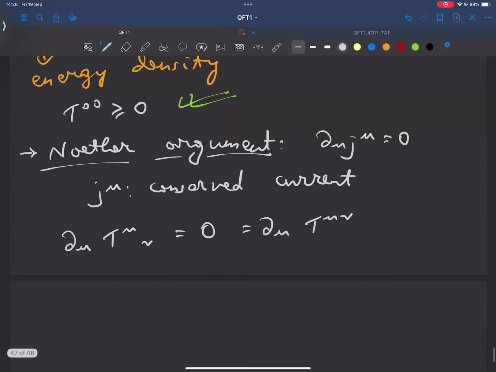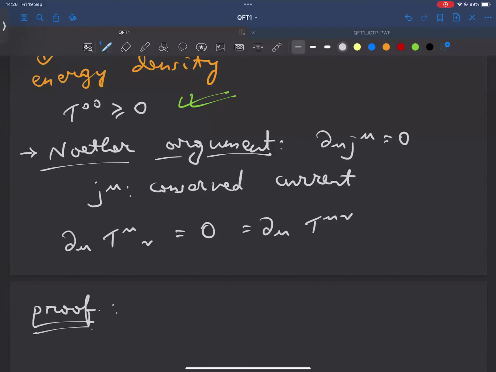Just as we started today's class, we had two different sets of indices. Here also, you will see that there are two different sets of indices, mu and nu. So note that in the proof of Noether's theorem, let's step back a bit.